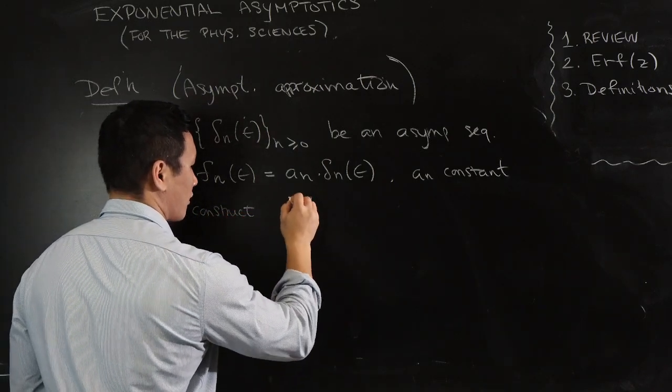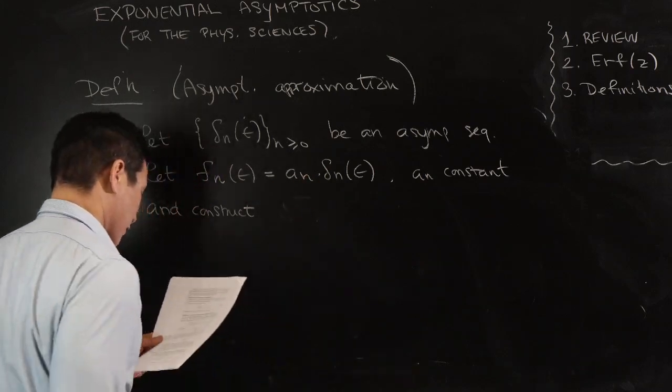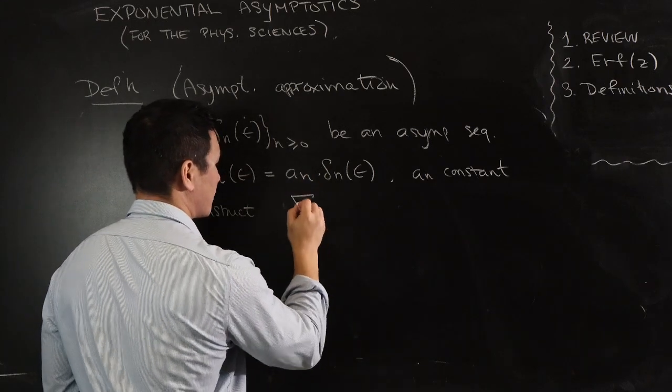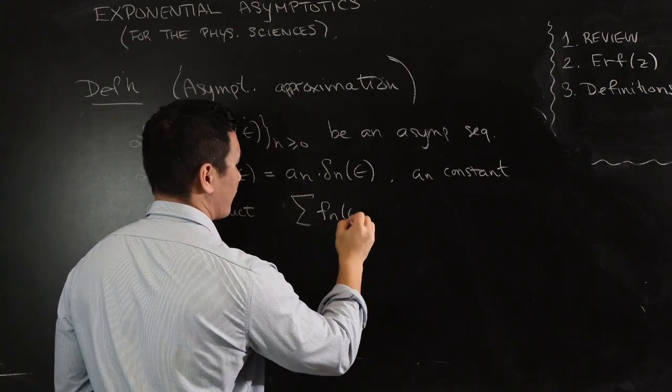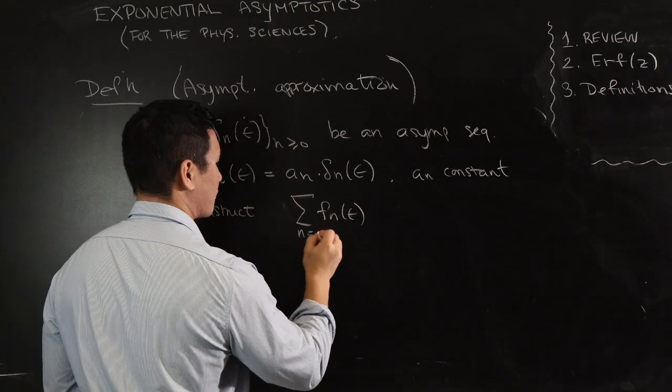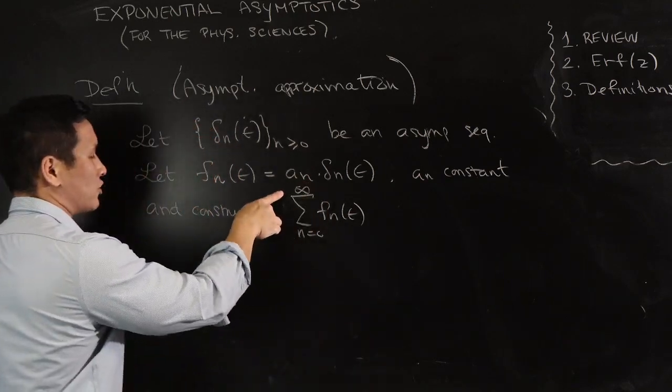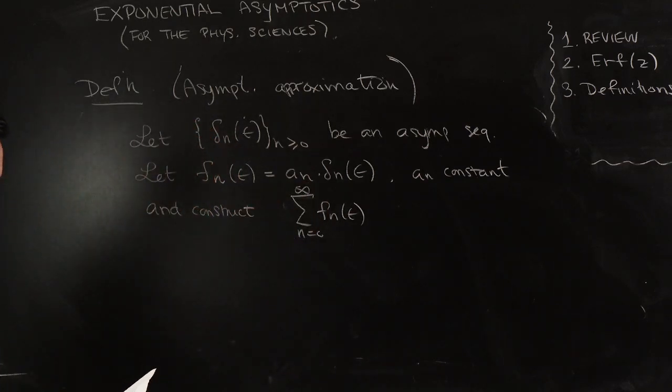I'm just going to call it the series of f n of epsilon from n equal to 0 to infinity. I'm going to mention that upper limit in a second.